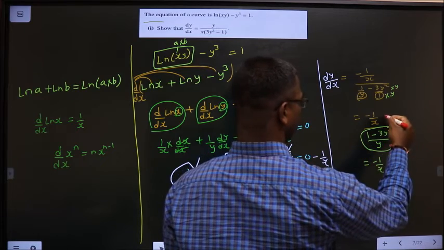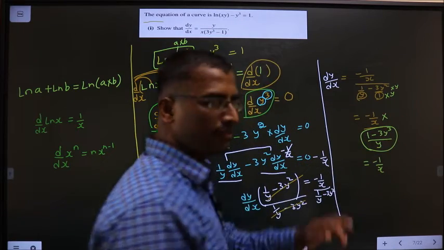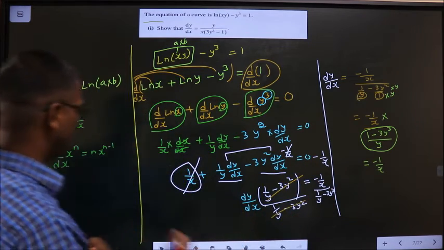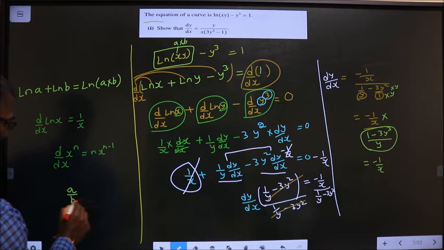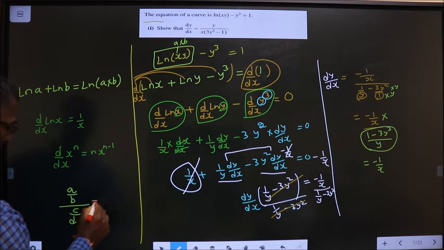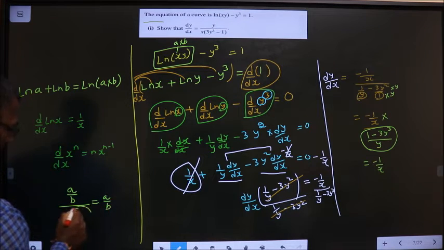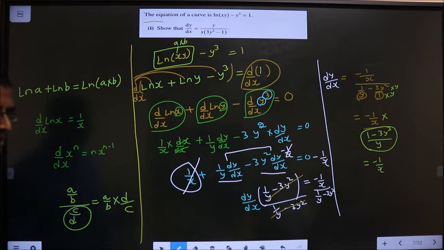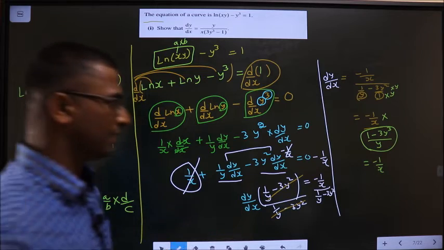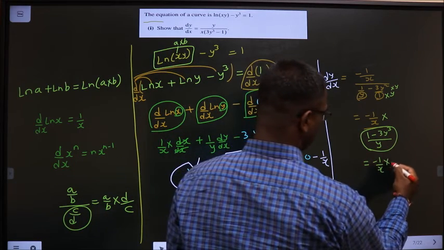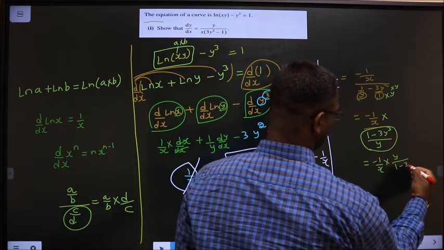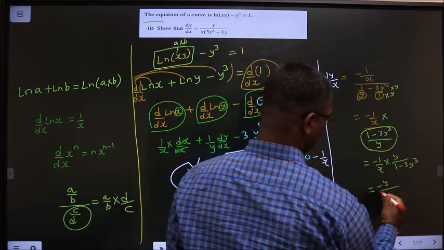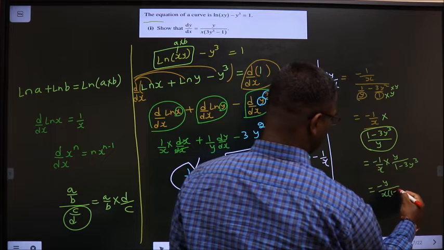This fraction, when I am taking it up, will become upside down. Division, you are making, it's like this: a by b divided by c by d will become a by b, and when this c by d is coming up, it will become d by c. Same here. So minus 1 by x into y by 1 minus 3y cube. So that is nothing but minus y by x times 1 minus 3y cube.